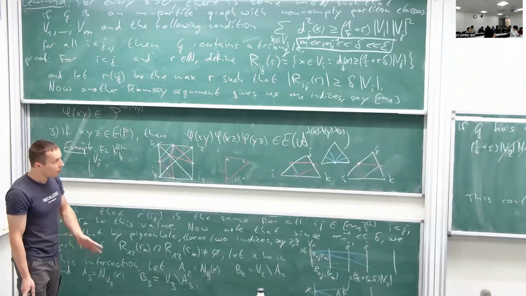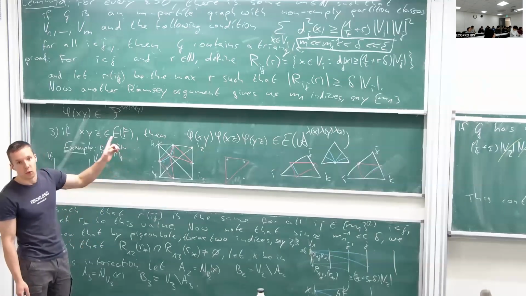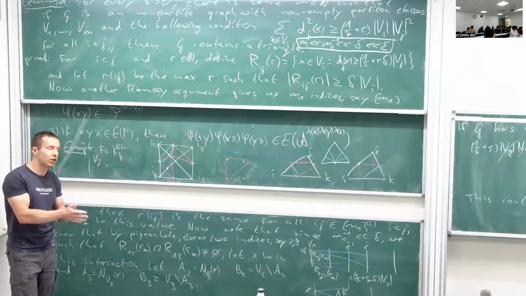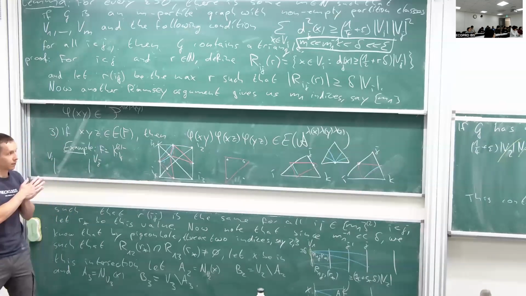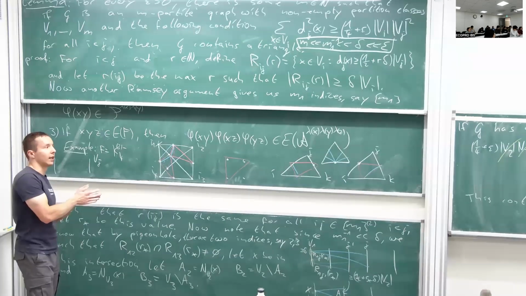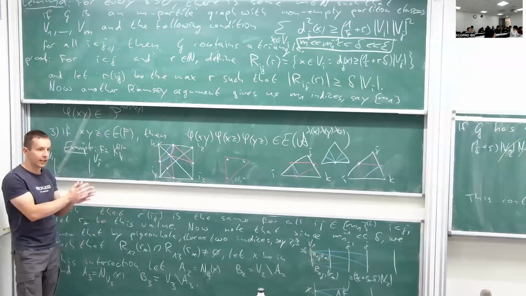For the uniform Turán density, we also have such a result: a characterization of all the 3-graphs which have uniform Turán density 0. And for the codegree Turán density, we don't have such a characterization yet.